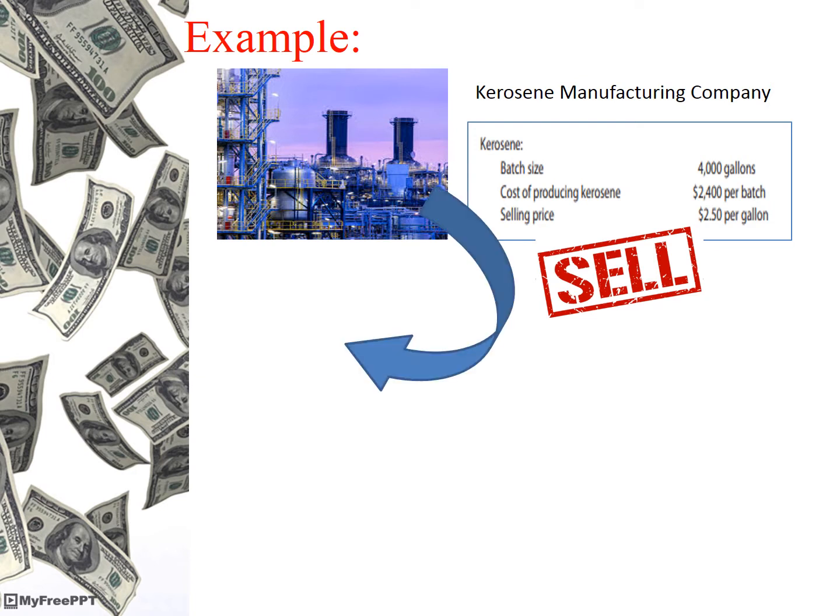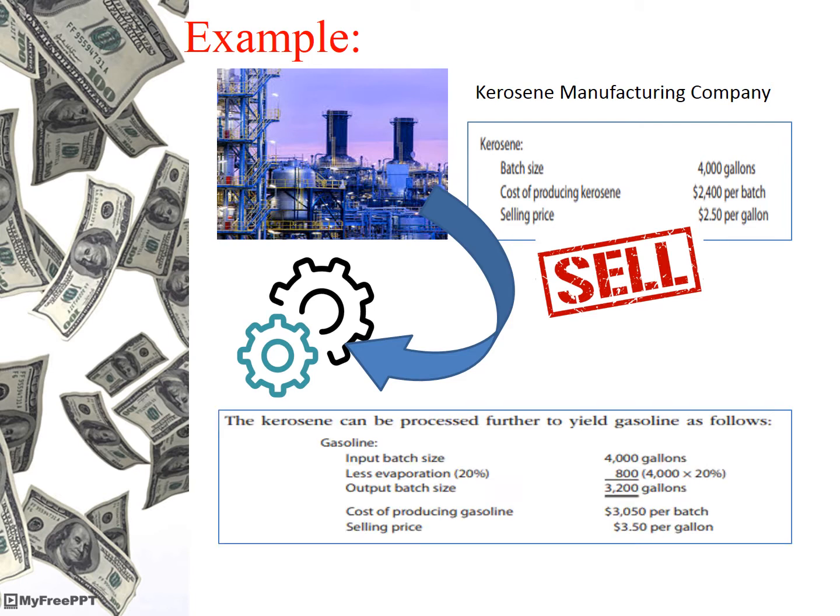On the other hand, if it has to be processed further, the kerosene can be processed and yield gasoline as follows. The input size per batch is 4,000 gallons, less the evaporation of 800 gallons, which is 20% of the 4,000.